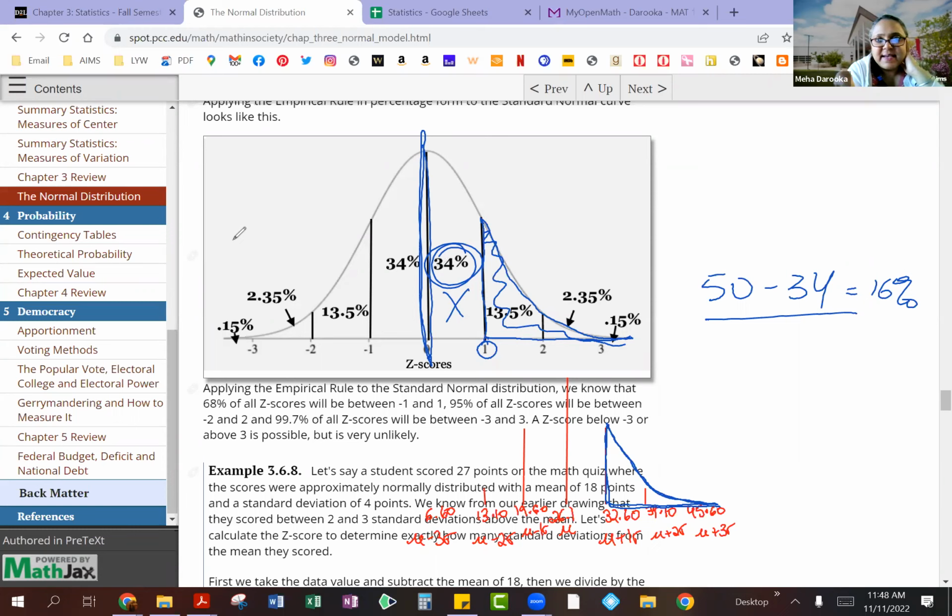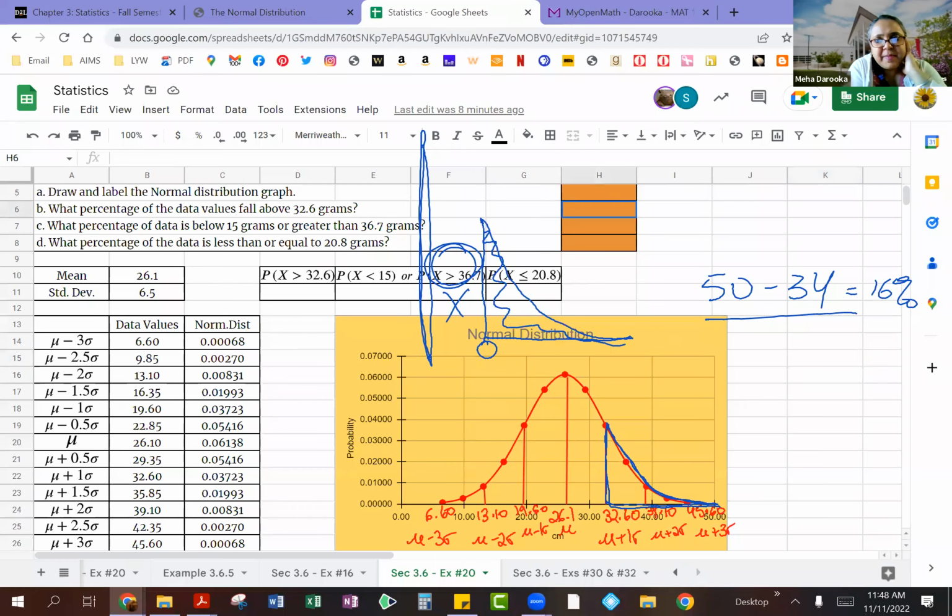So that's what we will have over here. This was part B. So 16%, and again, I'll just say 50 minus 34.